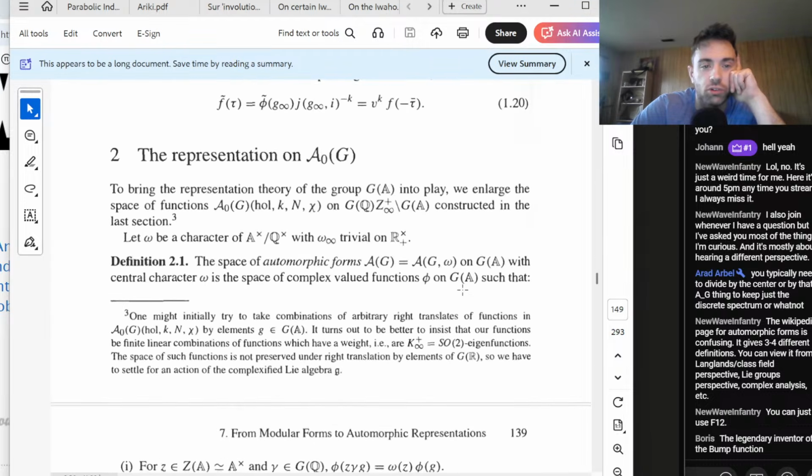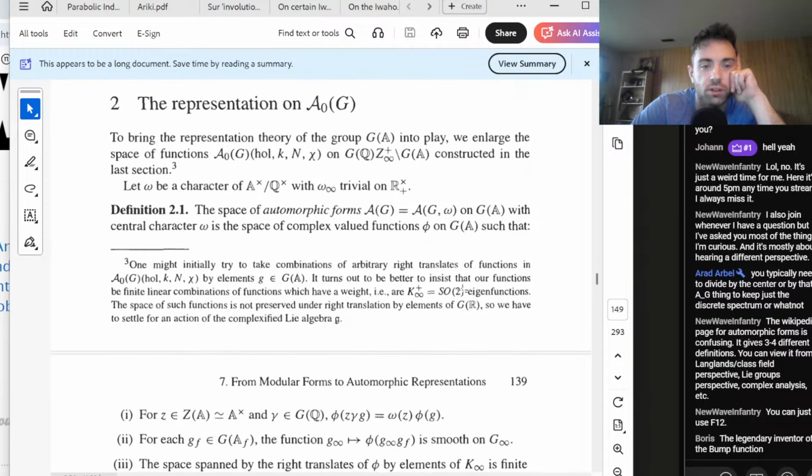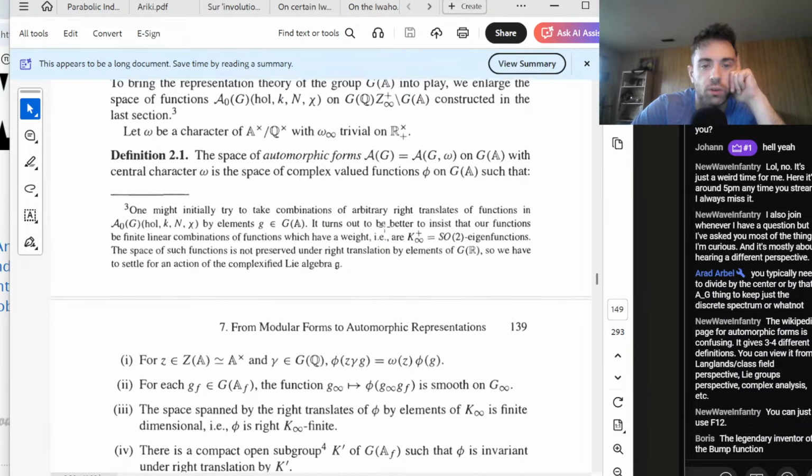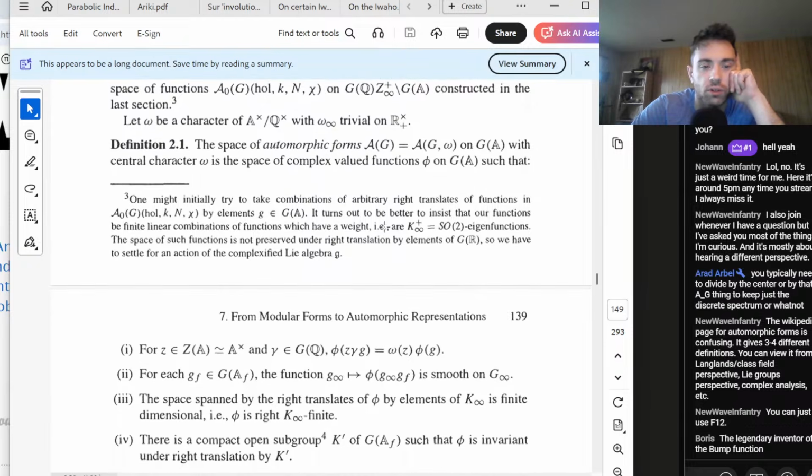Yeah, I probably should just use Control F, but you know what, we're here. Yeah, the space of automorphic forms is this. Well, that's with a prescribed central character, but whatever.